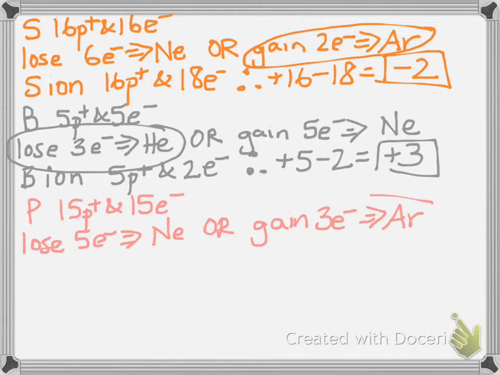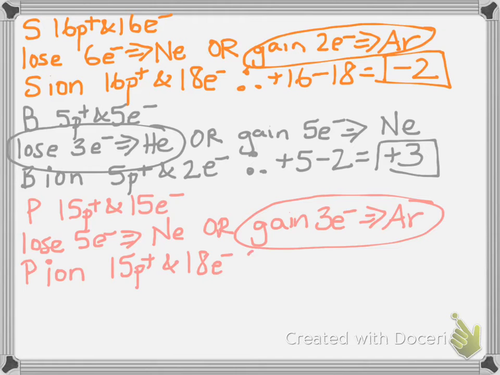It's going to do whatever's smallest, so it's going to gain 3 electrons. So phosphorus as an ion is going to have 15 protons and 18 electrons. Therefore, positive 15 minus 18 gives me a negative 3 charge.